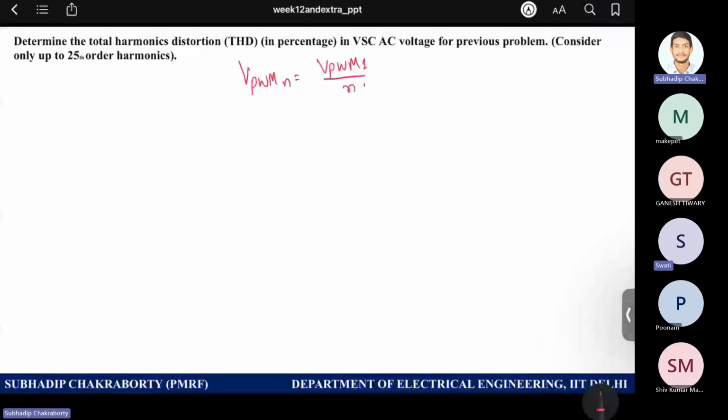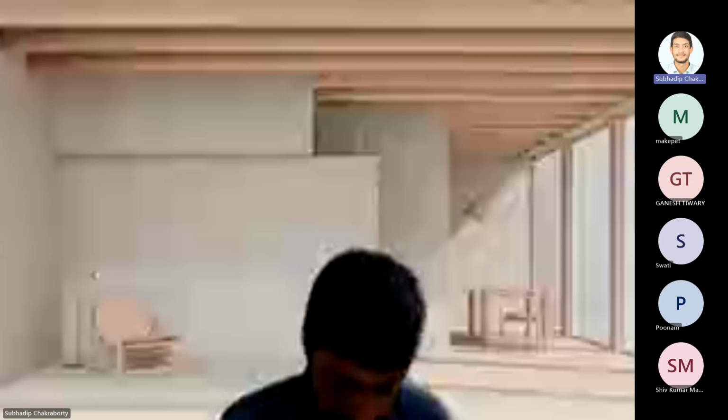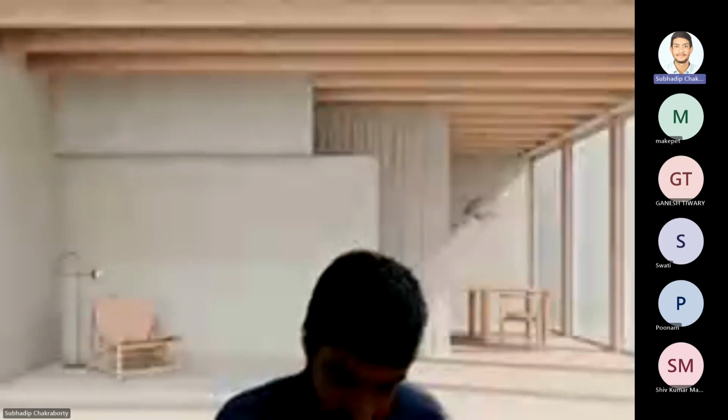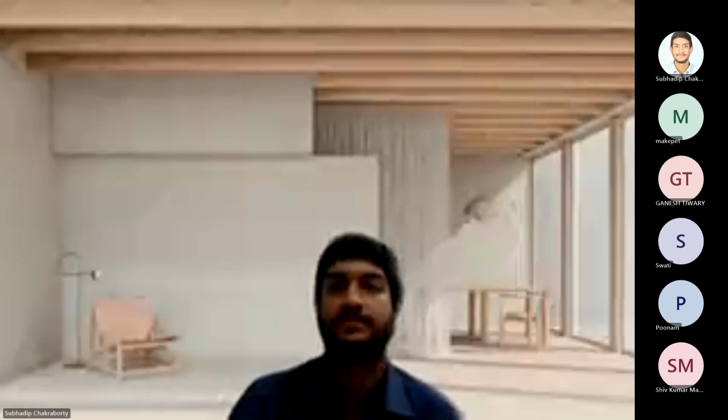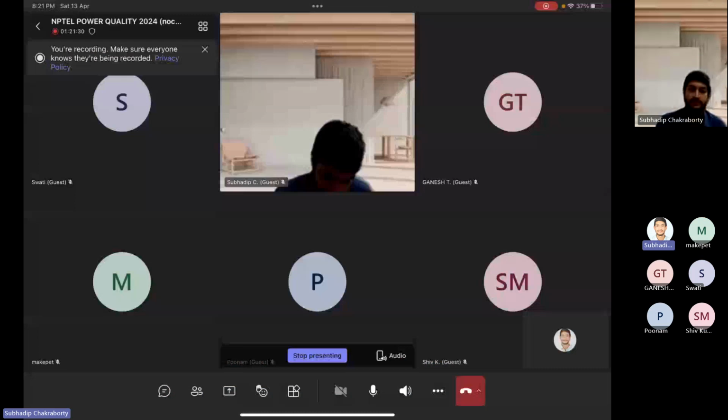So I will just do one thing. I will stop and reshare. So VPWM N is VPWM 1 by N. Doing this, the percentage THD in the PWM voltage is being asked.